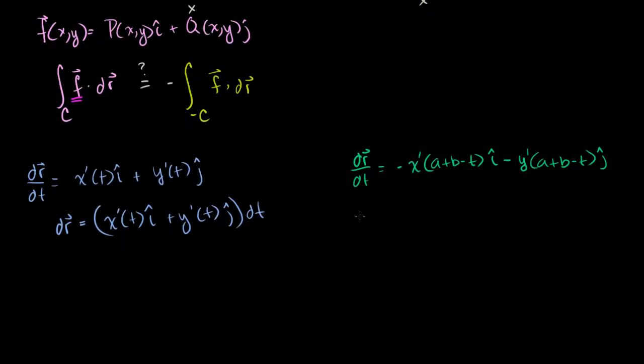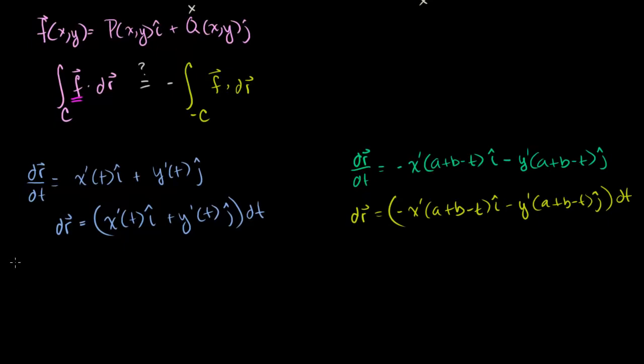Same logic over here. dr is equal to minus x prime of a plus b minus t times i, minus y prime of a plus b minus t times j. And I'm multiplying both sides by dt. Now we're ready to express this as a function of t. So this curve right here, I'll do it in pink.